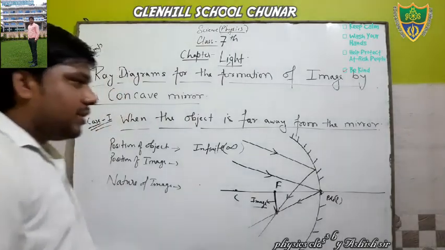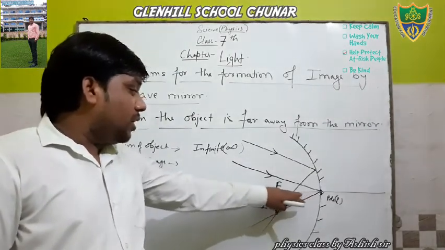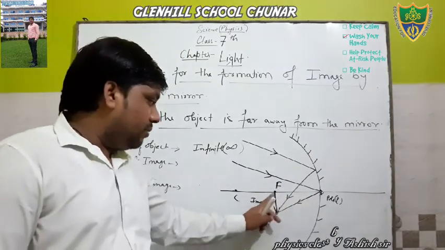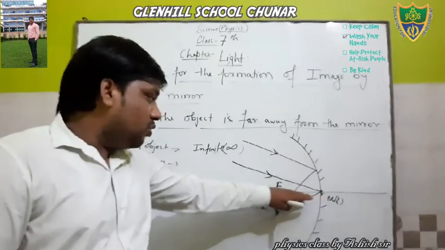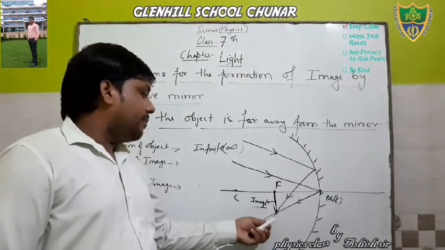Okay? Listen, one thing. If the image of the object is below the principal axis, then in that case what happens?